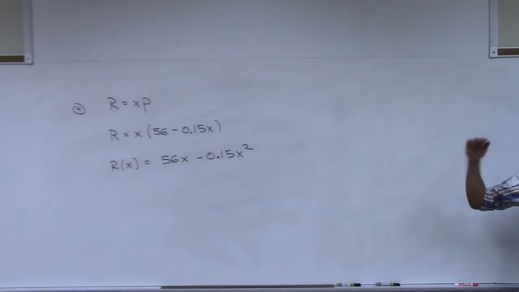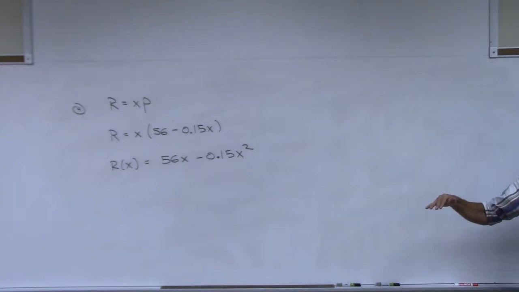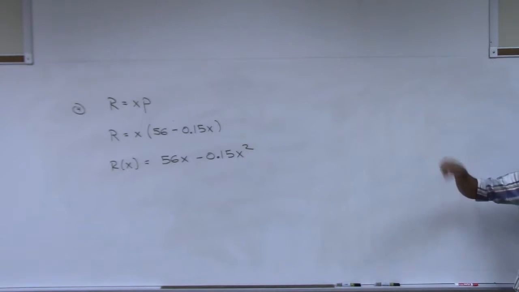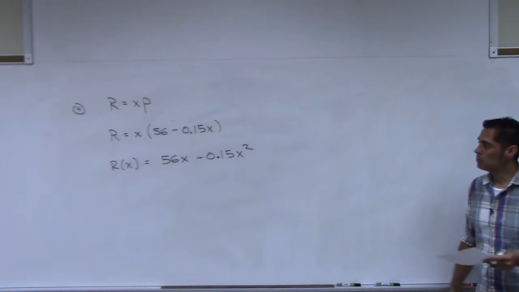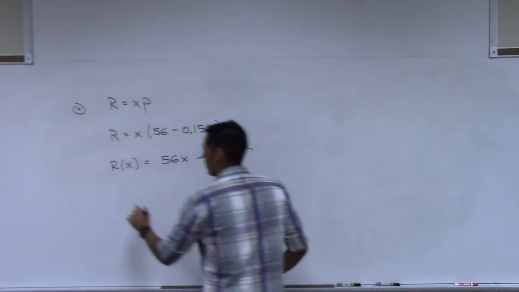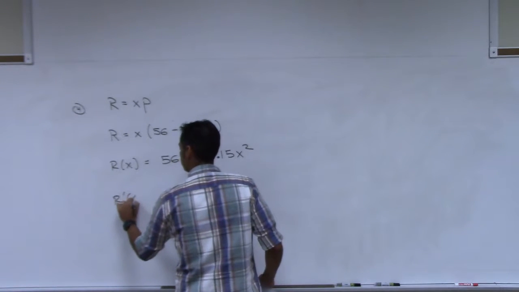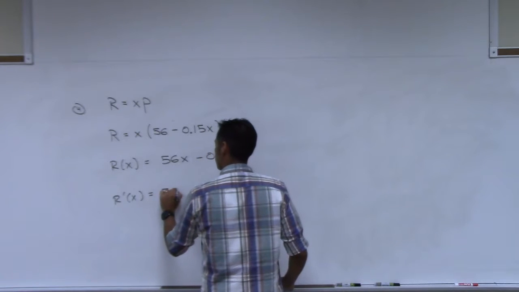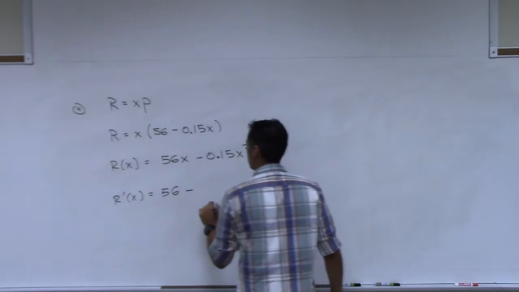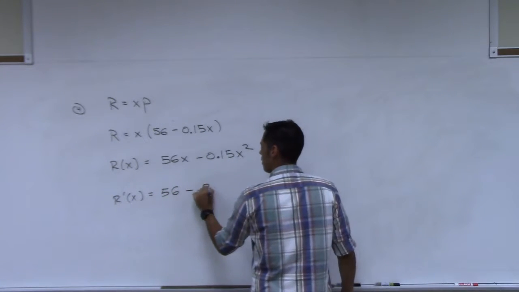Derivative, right? Set it to 0. Test points. We want to know the extrema. We want to know where it's going up and down or down and up. What's my derivative? Is it 56 minus, what's that, 0.3x.